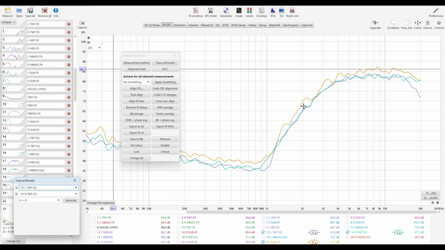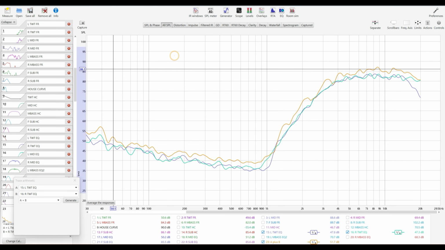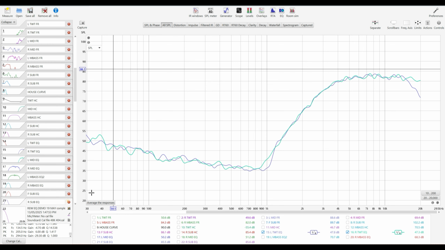Okay, so our first step is to time align our tweeters. So that's fine. We can get rid of that measure.